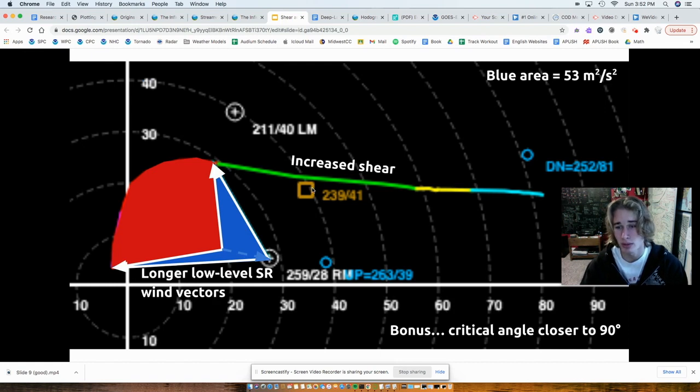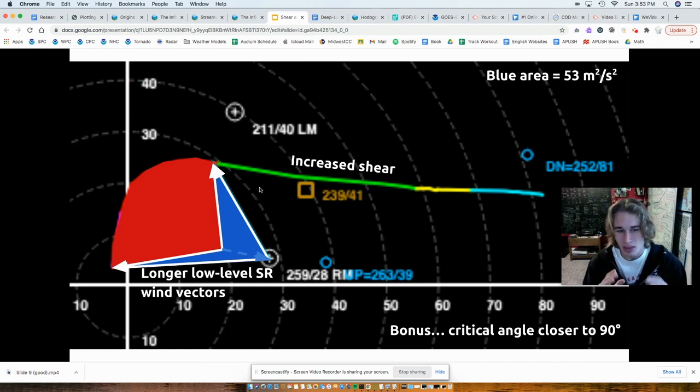Maybe even more important when we're talking about storm relative wind vectors is the fact that the 0 to 6 kilometer shear is removing the mean wind from the low level portion of the hodograph as well, because now ordinary updrafts that are forming and moving initially with the mean wind are going to be experiencing much stronger storm relative winds than those that were forming in the conditions of hodograph 1, where those storm relative wind vectors between the mean wind and the low level wind were also smaller.